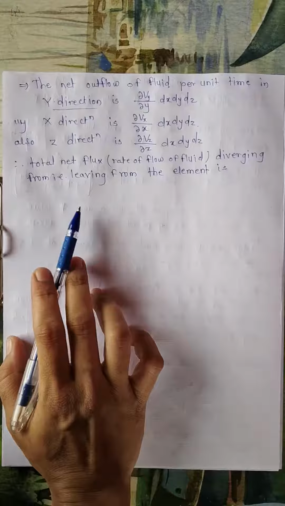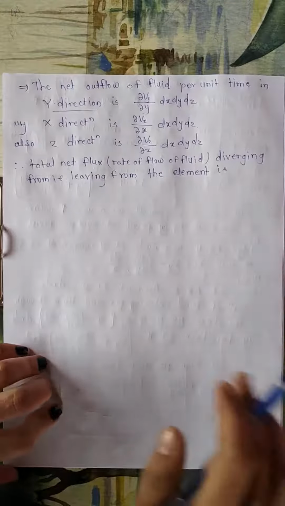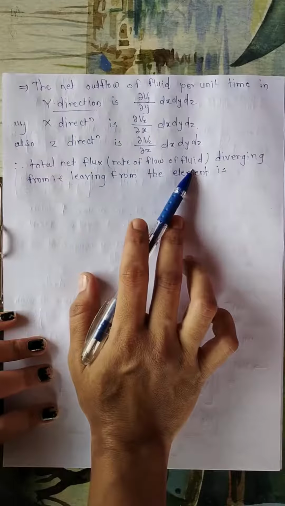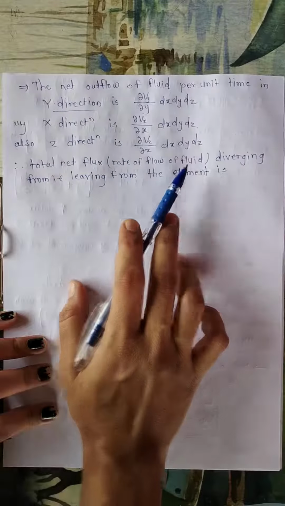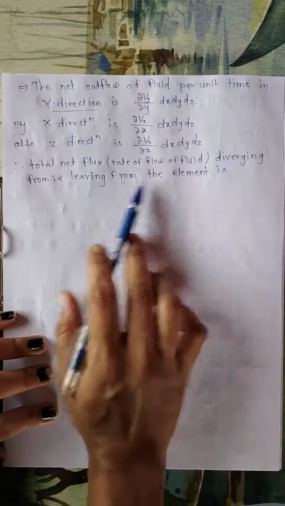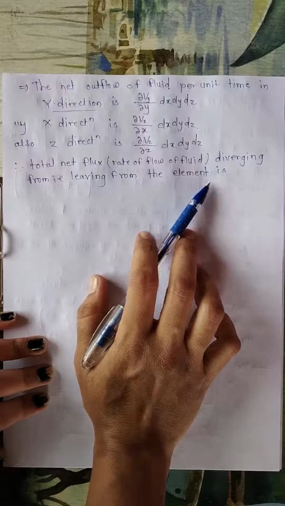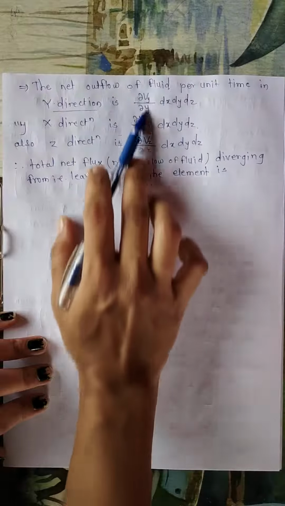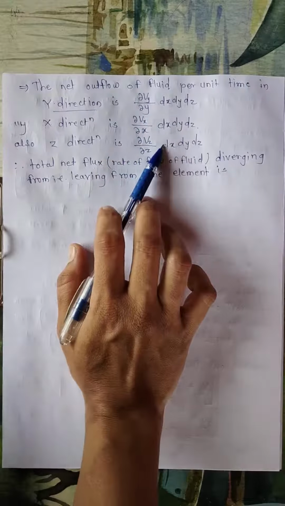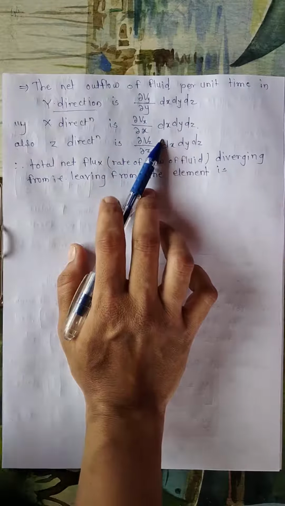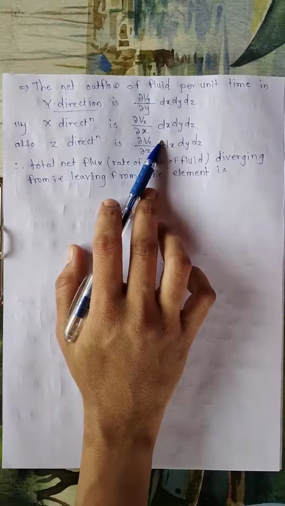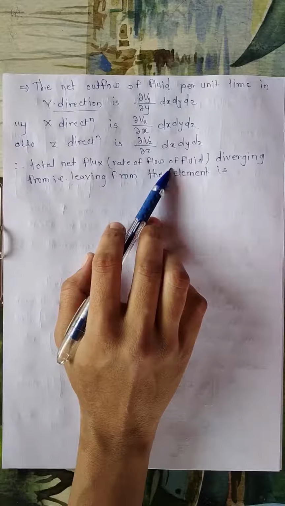Now we will find total net flow or total net flux. Now what is flux? It is a rate of flow of fluid. Now we will find total net flux diverging from, or diverging means leaving from the element. So to calculate it, we have to take addition of all this net flow in x, y and z direction. If we take the addition of all this net flow of a fluid per unit time, that is flux.